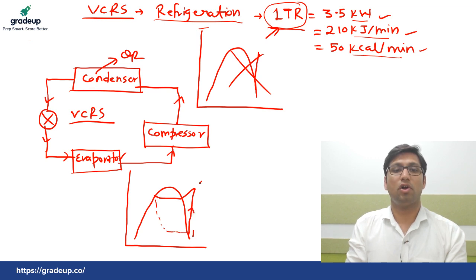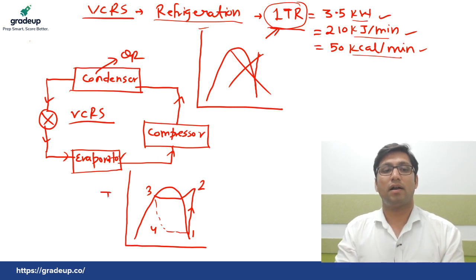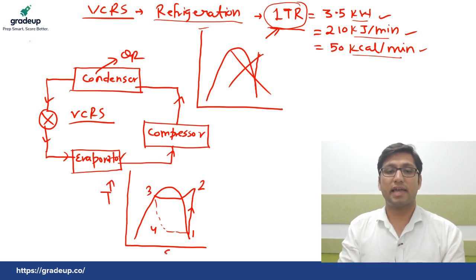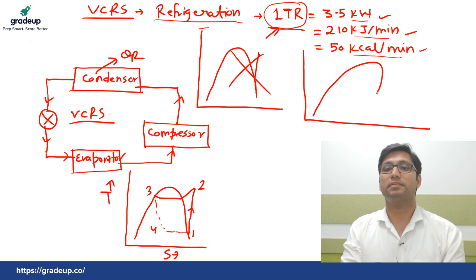So this is 1, 2, 3 and 4. Okay, so this is the vapor compression refrigeration cycle on a TS diagram. Okay, on a pH diagram, this can be represented like this. This is on the pH, which is pressure and enthalpy diagram.